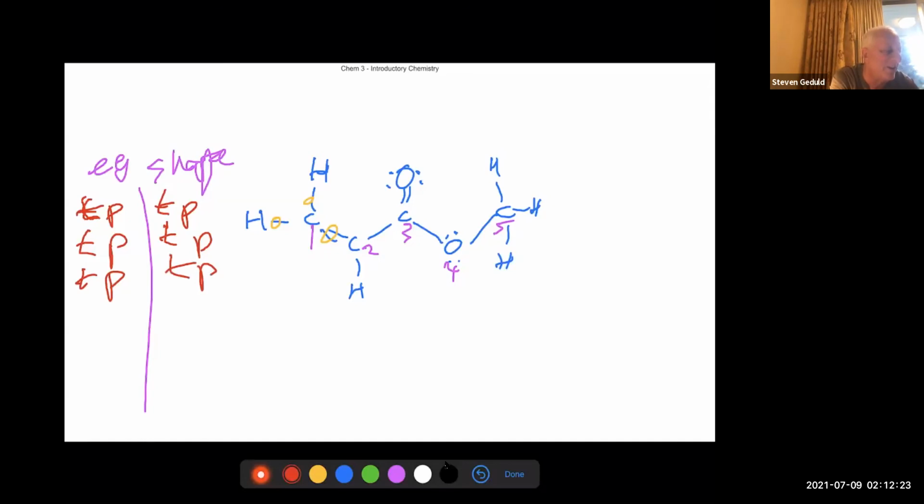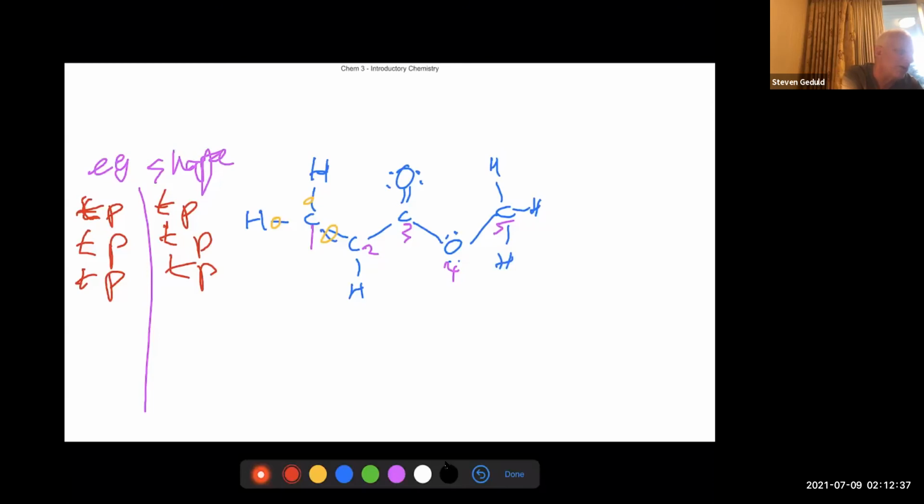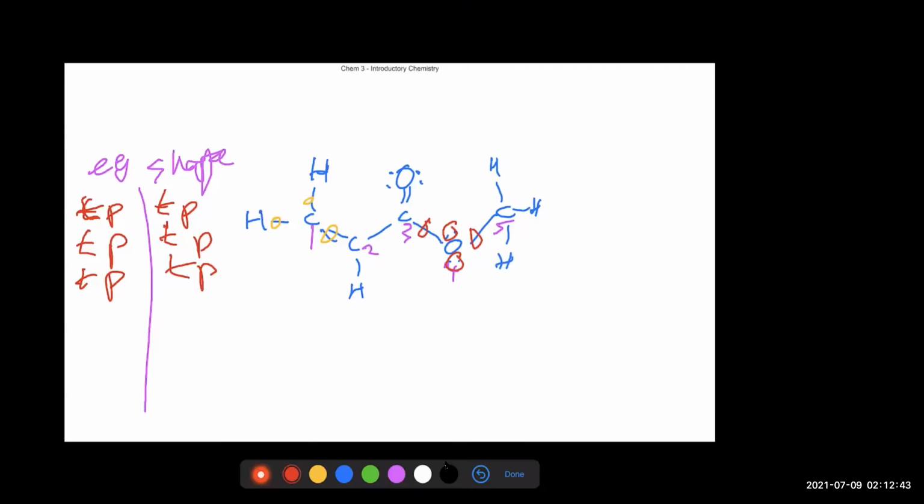What's number 4? What's the electron geometry? How many groups do we have counting all the electrons? You got a group here, you got a group here, you got a group here, and you got a group here. It's 4 then.